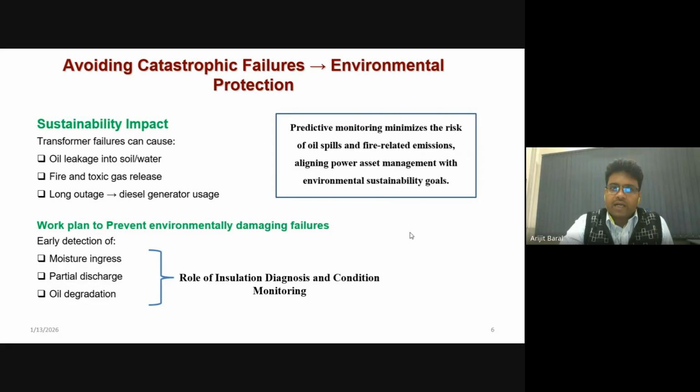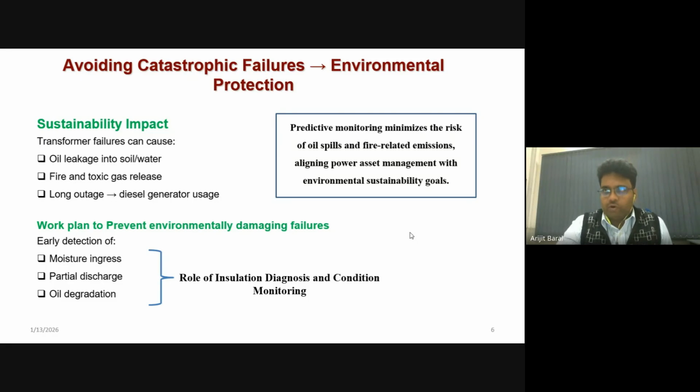So these can be done by tracking, or rather preventing, transformer failures, which can cause oil leakage into soil and water, fire or toxic gas release. Because the mineral oil that we use in a transformer has a high flash point and boiling point, but it is still flammable in nature.